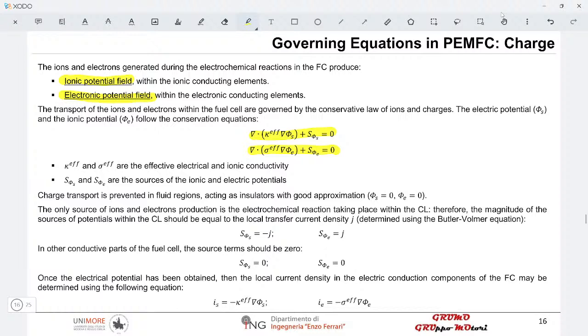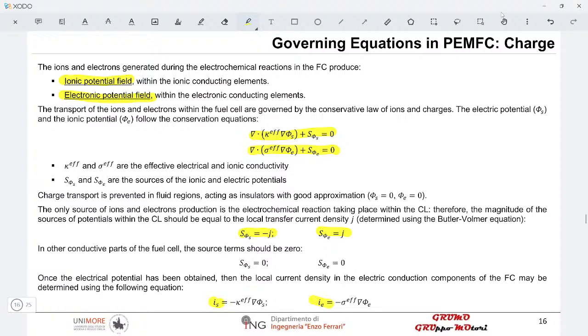Okay, and at the catalyst layers, we will have this relationship between the two current densities. One is the electronic current density, the other one is the ionic current density. Okay, that's it. And based on this, we will obtain the local electric current and ionic current.